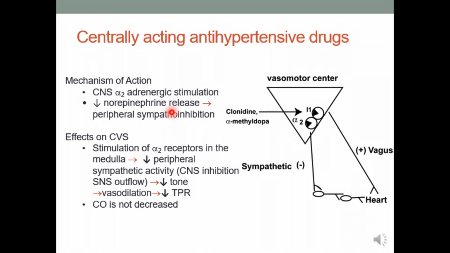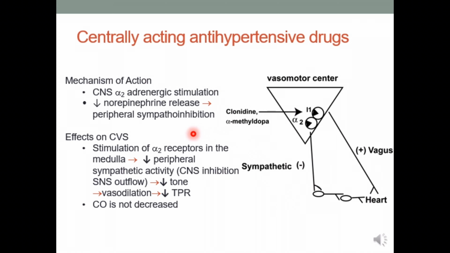For the alpha 2 receptor, the first generation drugs clonidine and alpha-methyldopa bind to the alpha 2 adrenergic receptor and act as an agonist, and this will inhibit the release of noradrenaline or norepinephrine, and this would inhibit sympathetic outflow to the periphery.